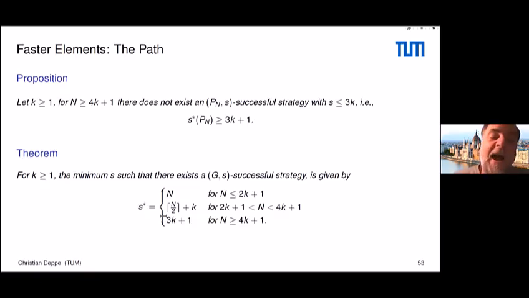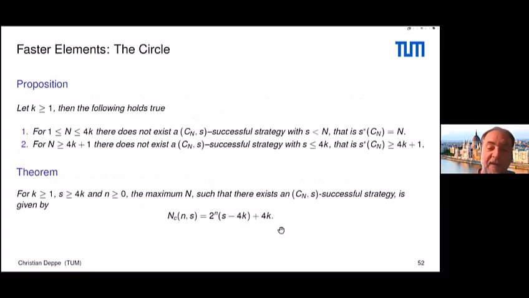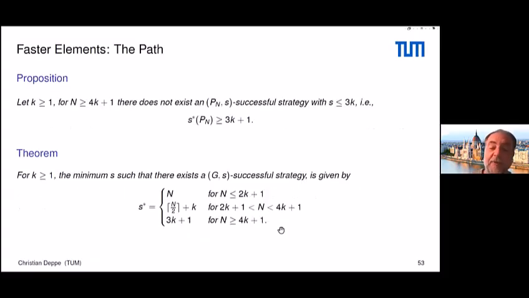For paths, it becomes a little bit more complicated, because there's a whole region where it's different. If n is greater or equal to 4k, like here, then we can do the same thing as for the circle. Then we can do the halving strategy, and instead of 1, it can move k times, and that's again easy.